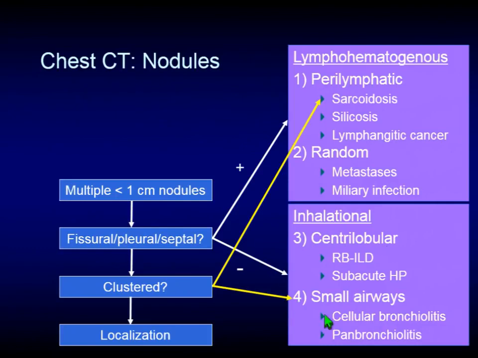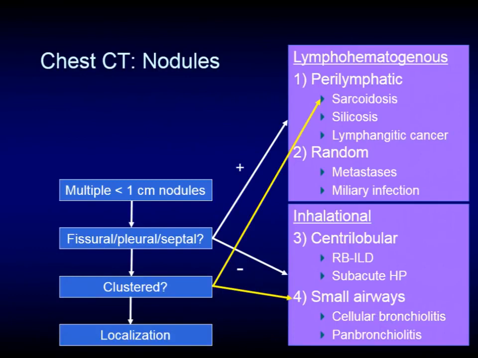If not, you may be dealing with a more inhalational process. Then the next question is, is there any clustering of these nodules? If they are involving lymphatic structures and clustering, you're really talking about perilymphatic processes, primarily sarcoidosis. And if you're dealing with a more inhalational category, then you're dealing with small airways disease.